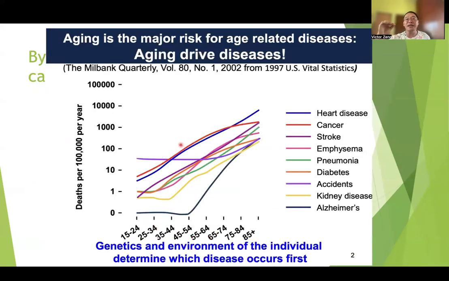So aging is the major risk factor for age-related disease: heart disease, cancer, stroke, emphysema, pneumonia, diabetes, accidents, kidney disease, Alzheimer's. Aging is an independent risk factor for disease.